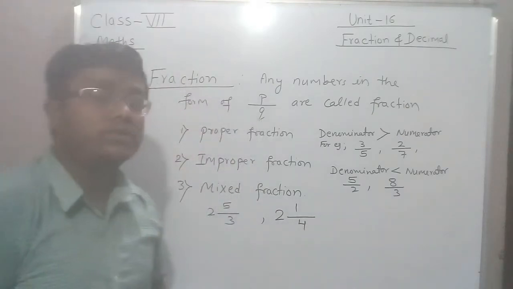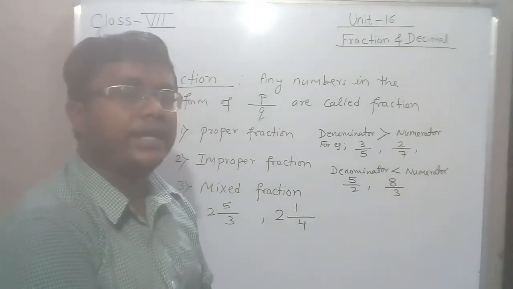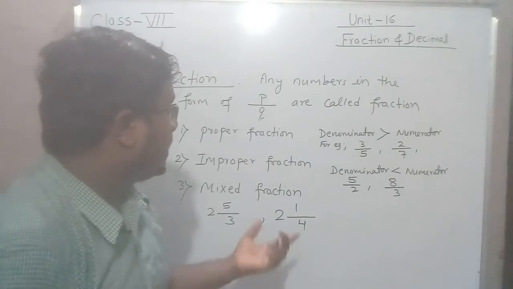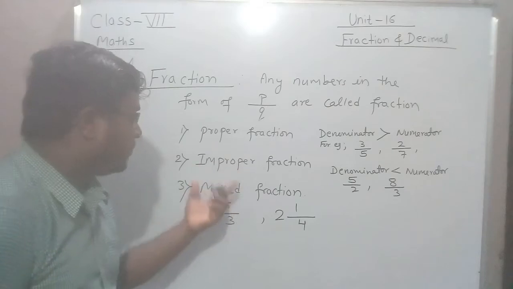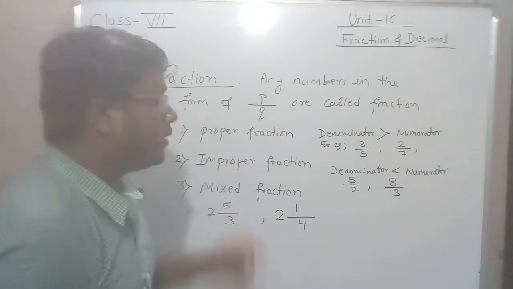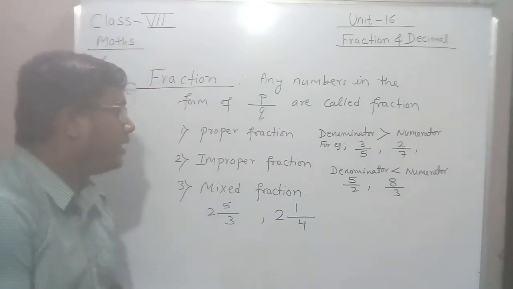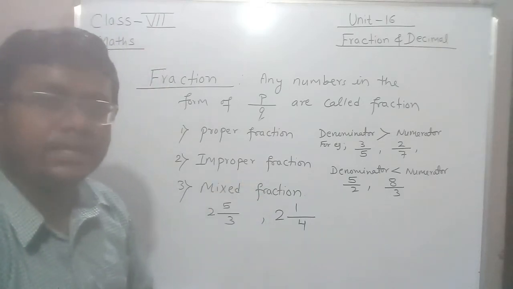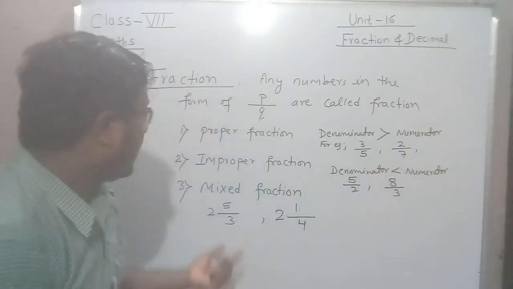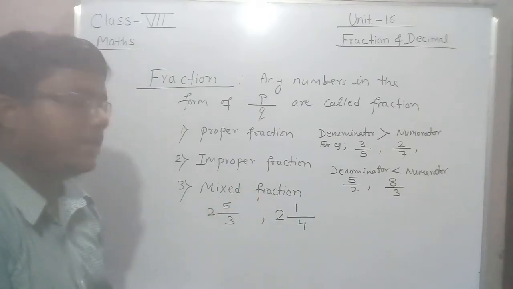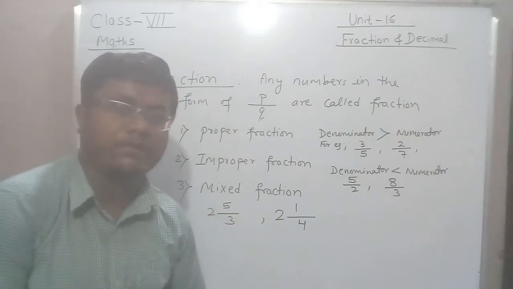To remember such types of fraction, I am going to give you some hint. Please simply remember, for a proper fraction, the denominator must be greater than the numerator. For an improper fraction, the denominator must be less than the numerator. And a mixed fraction is actually the combination of the whole part and an improper fraction.